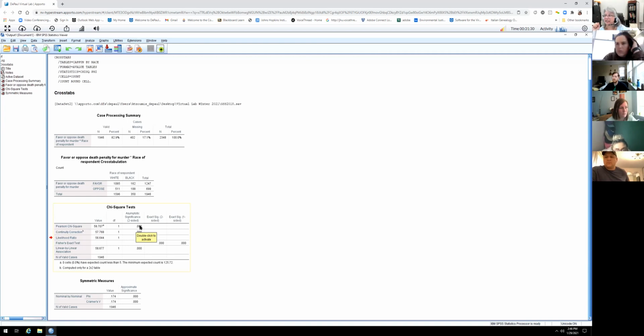So anything 0.05 or less, I conclude what? No, just the opposite. We want our results to be 0.05 or less, meaning there's a statistically significant relationship between X and Y.